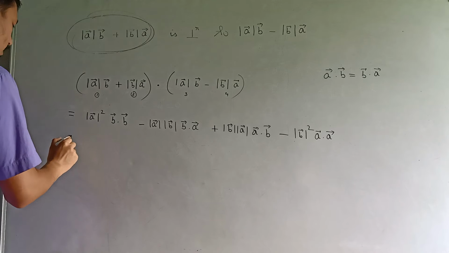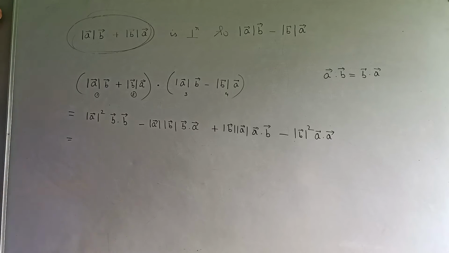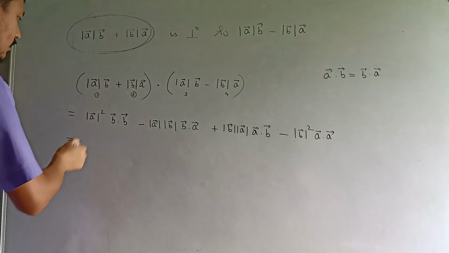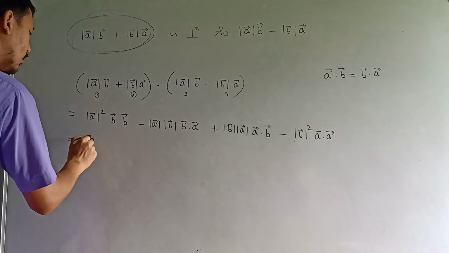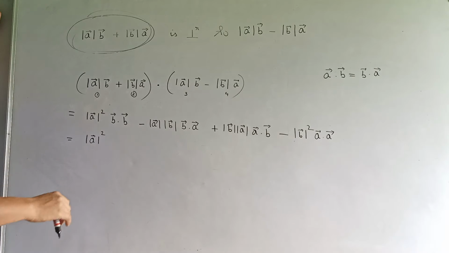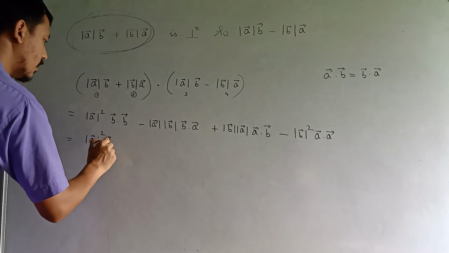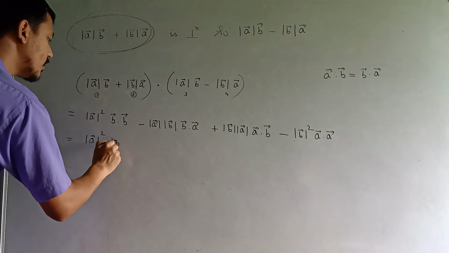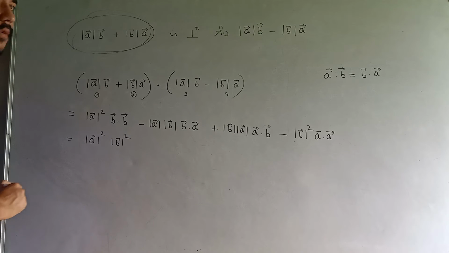So in this case, what do we have? Magnitude of A square, right? What is B dot B? B dot B means magnitude of B square only.